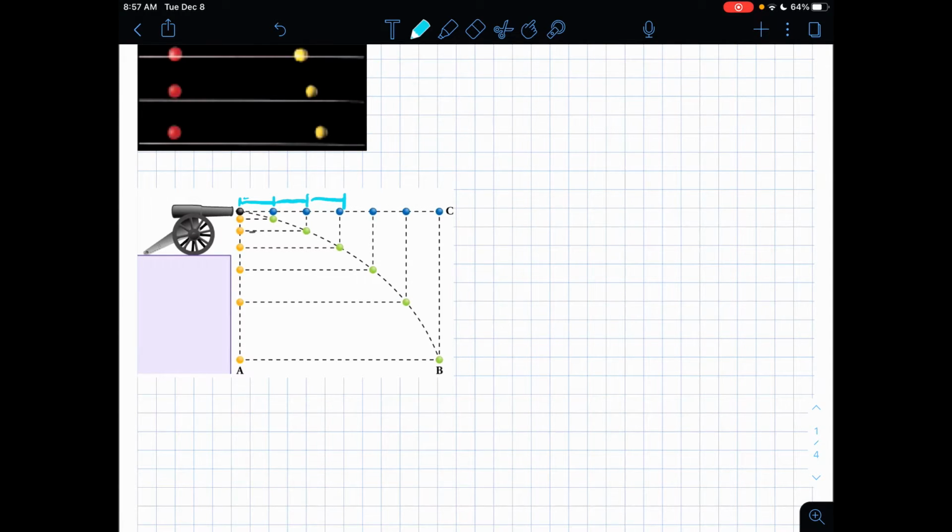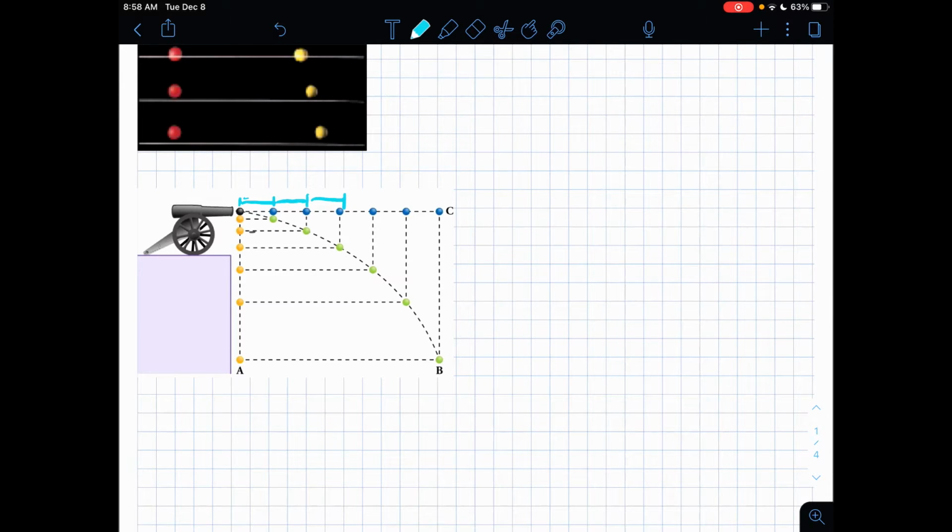And if you were to look at the blue balls, which represent the horizontal motion, and the yellow ball, which represents the vertical motion, you can see that with the blue balls, the distance between each ball stays constant. With the yellow ball, it's changing and it's increasing. This is because there's a force acting on the yellow ball, which is gravity.